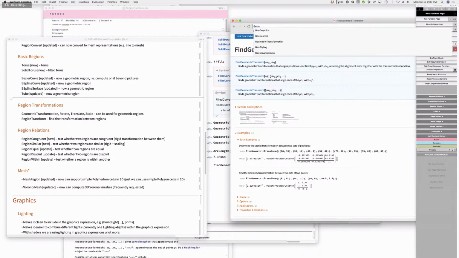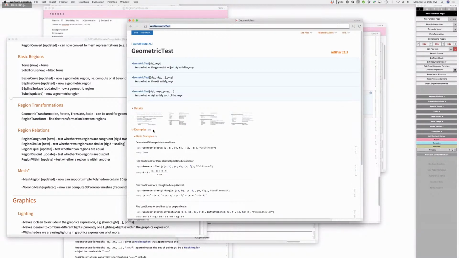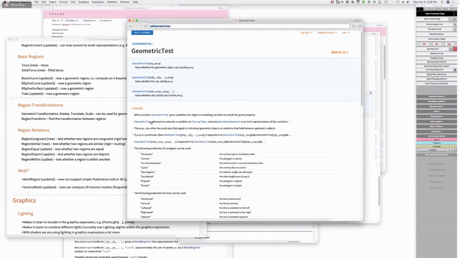That sounds like an assertion. That one is an assertion, but there's a related test. Right? What's the related test? Geometric test. Okay. Try to give it a few regions and see if it can compute anything. No, it can't do anything with region, right?